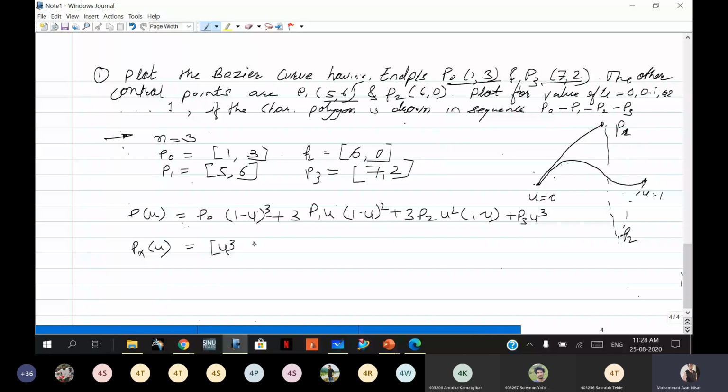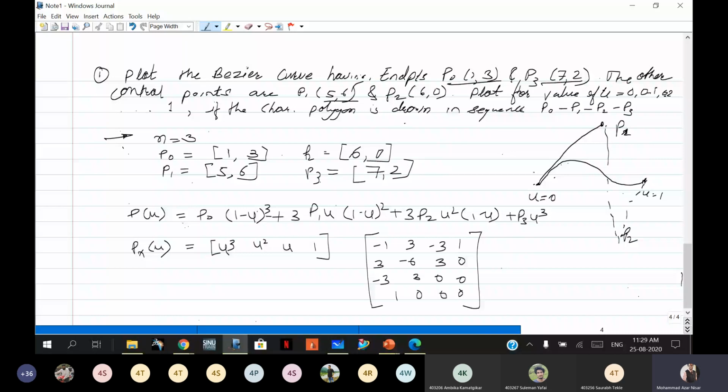And then the Bezier matrix MB is -1, 3, -3, 1, 3, -6, 3, 0, -3, 3, 0, 0, and 1, 0, 0, 0.